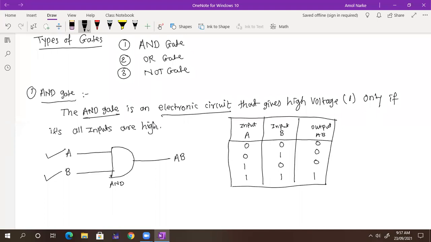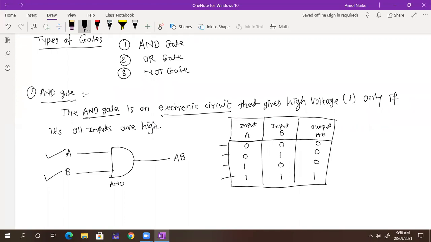Similarly for B, we don't know. But my output is AB, so we need to check what my output is. If you have the AND gate here, what are the possible combinations we have for those two inputs? Those inputs have only 4 possible combinations, 2 raised to n.